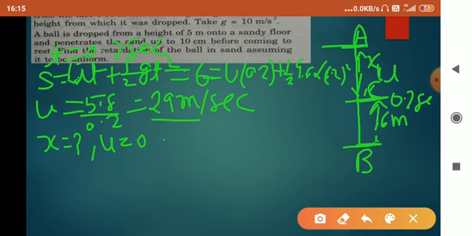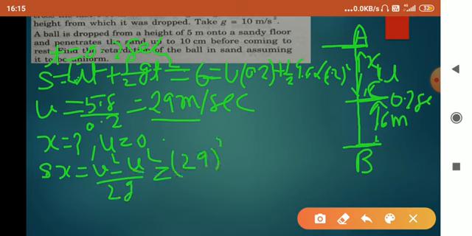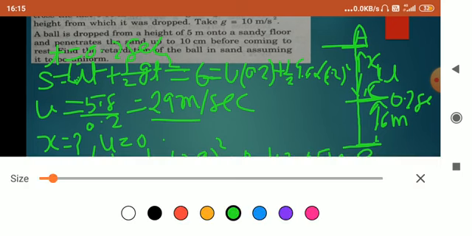So s equal to x equal to v square minus u square upon 2g. On solving, u is 0, 29 square minus 0 upon 2 into 9.8, and we have 42.05 meter. So AC is 42.05 meter.